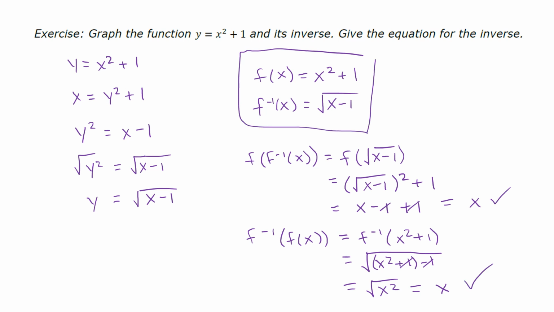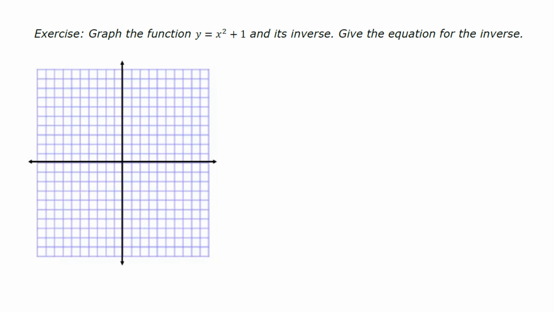Okay. All right. So now let's graph both functions. So we're first going to graph f of x, which is this equation right here. And we know the inverse of f of x is the square root of x minus 1. Okay. So let's get some points. You can utilize your calculator or you can just substitute in some points.